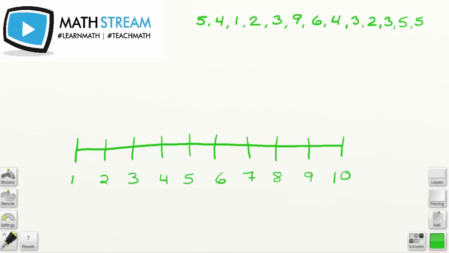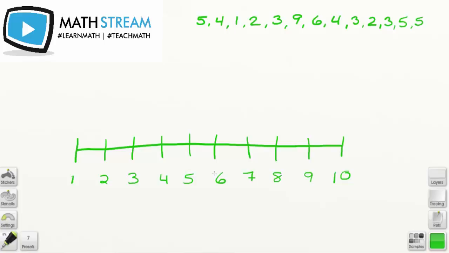So, if we look at these numbers, we see that the lowest number included is 1. I'll make a little arrow here to note that. And the highest number we have included is 9. So because of that, I've made a graph, a line plot, that starts with the value 1 and ends with the value of 10.